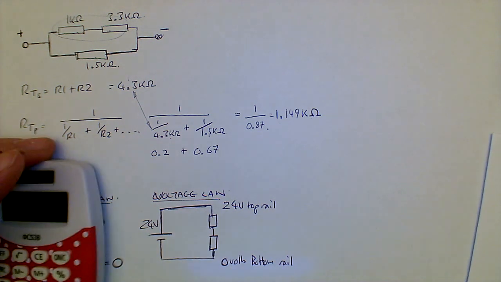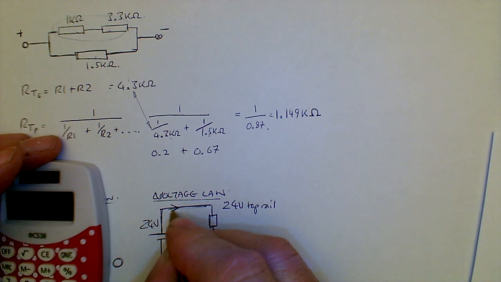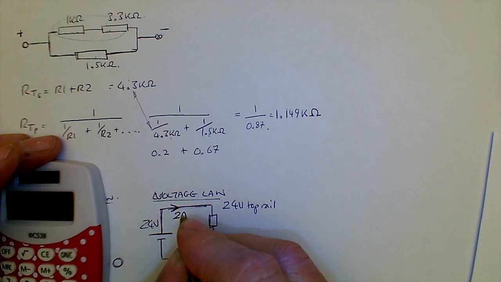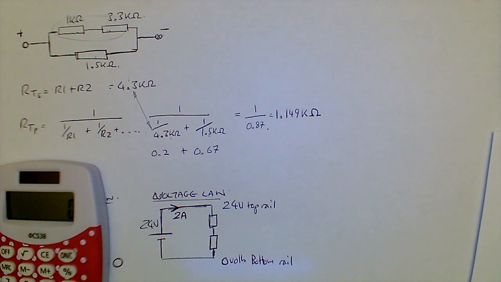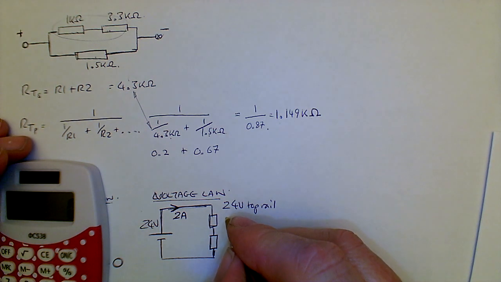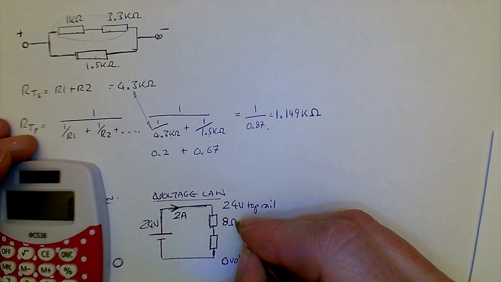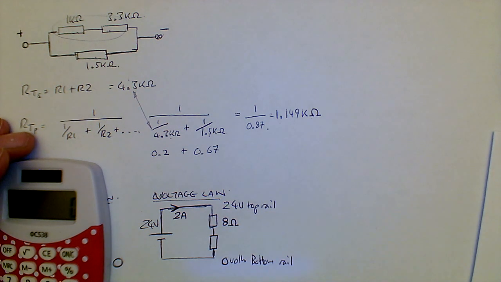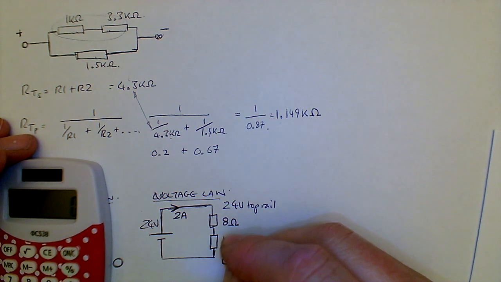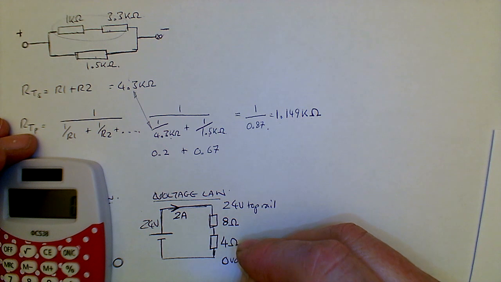Okay. So both are 24 volts, and we've got 2 amps thrown on the circuit, and we've got 8 ohms of resistance here and 4 ohms here.